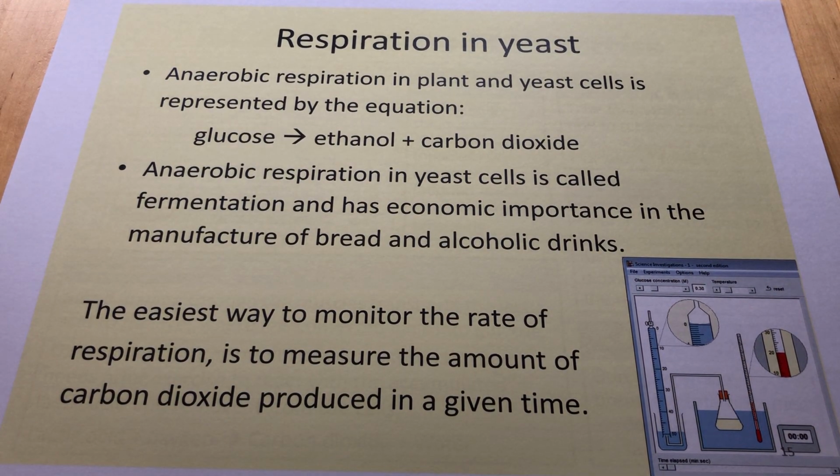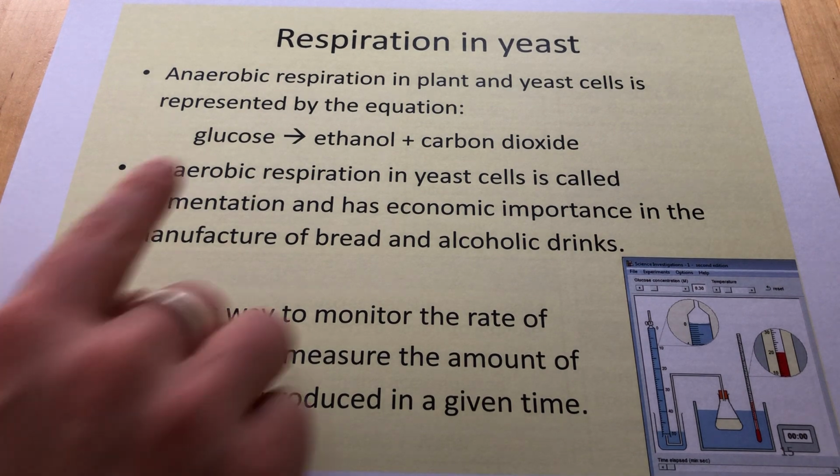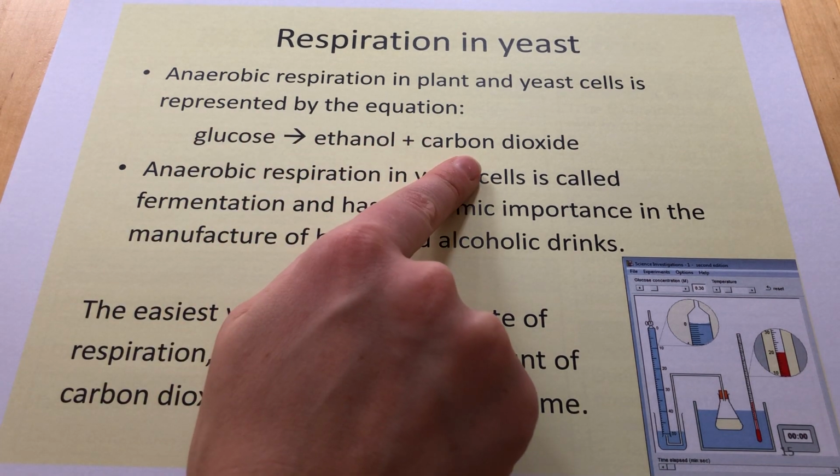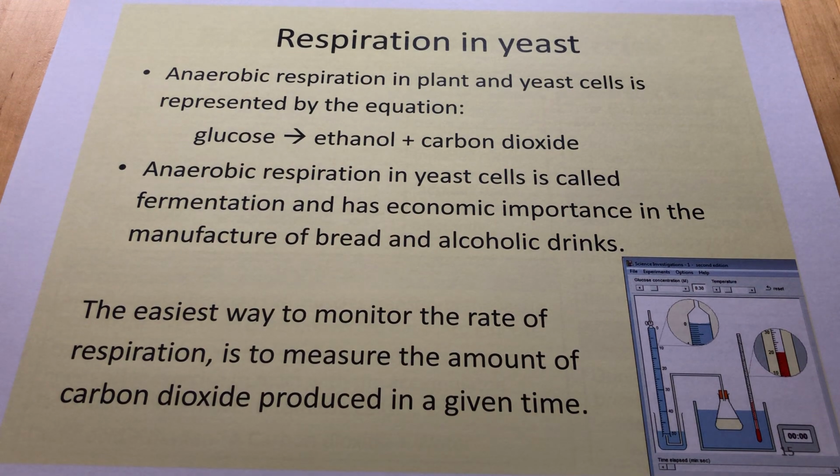Randomly brought into the course at this point is respiration in yeast. Now, yeast use anaerobic respiration, and we can use this to our advantage because yeast undergoing anaerobic respiration, so just having that glucose, no oxygen, when they break down that glucose, they make ethanol and carbon dioxide. And you'll come across this in chemistry as well.